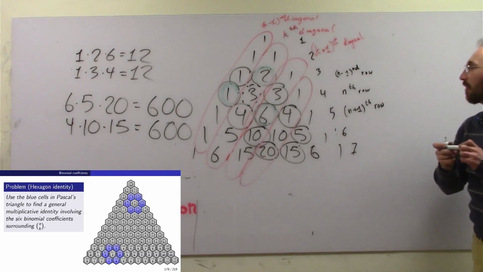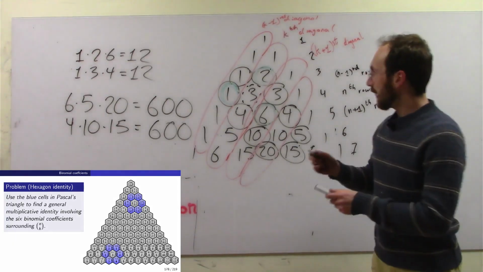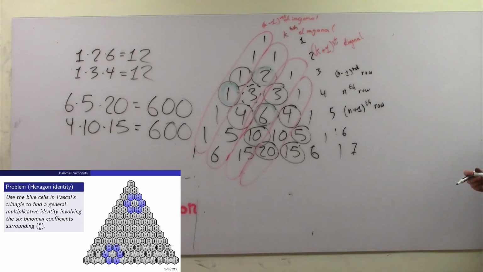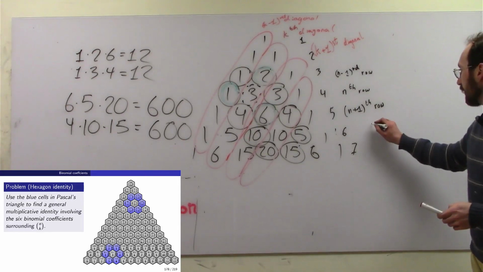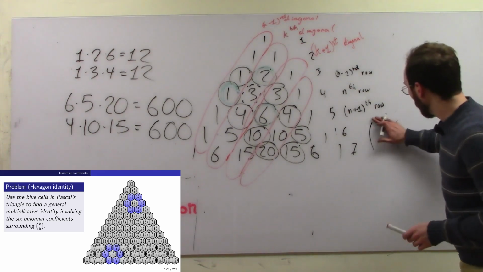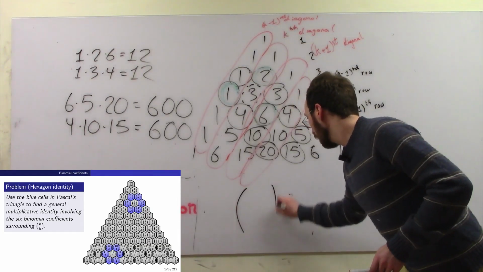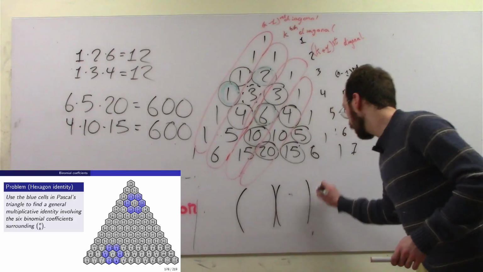Okay, so with those pieces, I think we can sort of formalize this hexagon identity. We have two products that we're trying to relate. Let me actually draw it at the bottom here, give us some room.